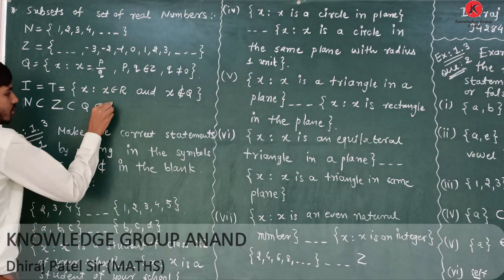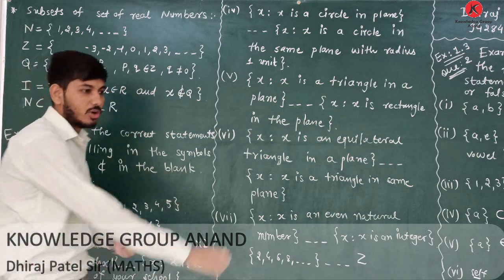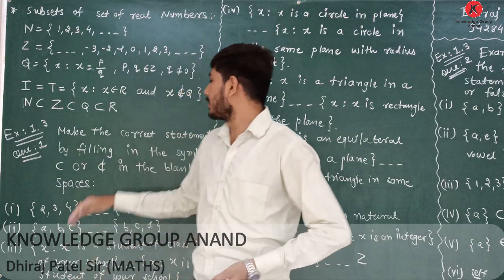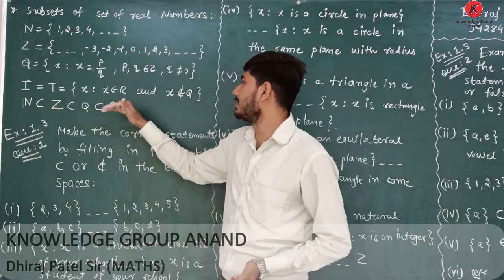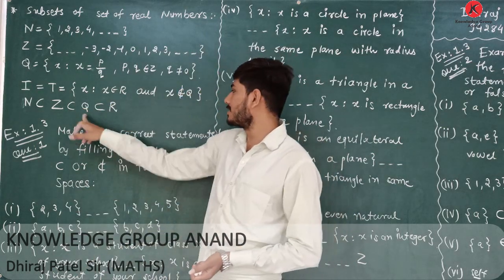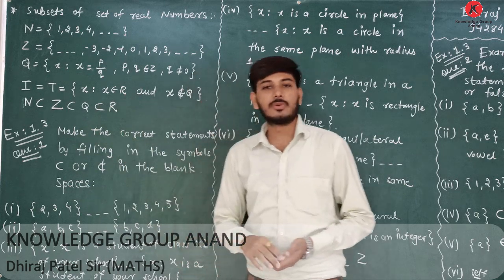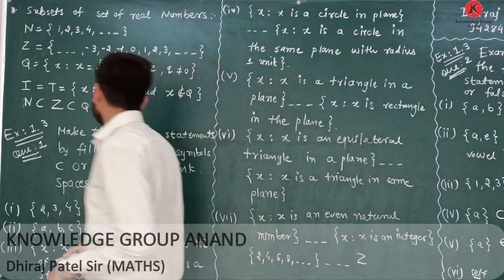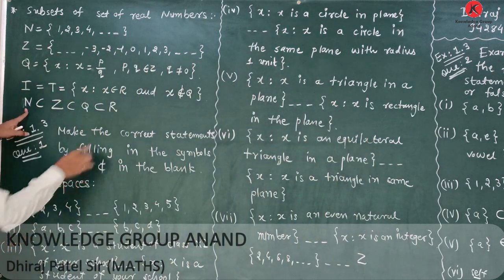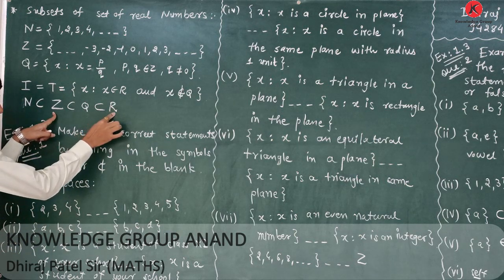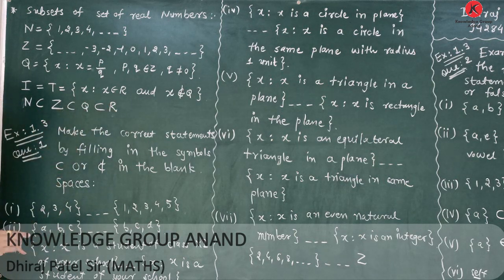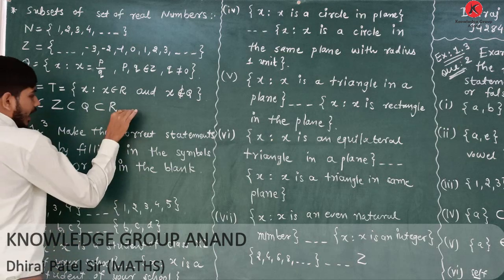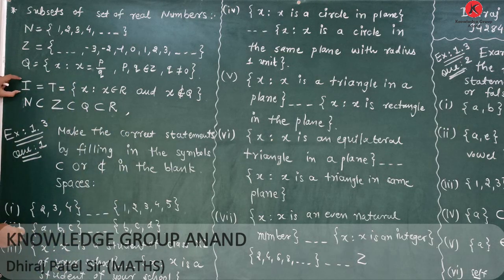Therefore, all integer numbers lie in the set Q. Therefore, we can say that Z is a subset of Q. Now see here, N is a subset of Z, Z is a subset of Q. Therefore, we can say that N is also a subset of Q. All numbers of N will also be in Q.